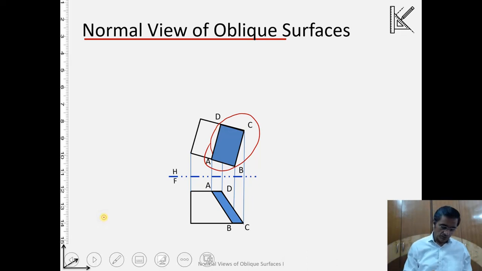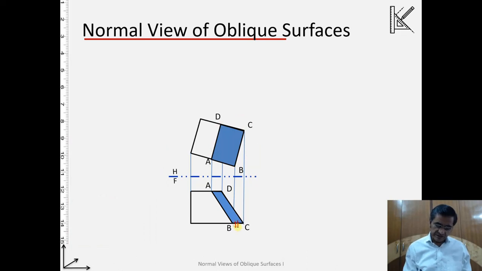Well, if we observe over here, you will find that BC is parallel to the horizontal plane. Similarly, AD is also parallel to the horizontal plane. That means BC as well as AD will be known to us as the true length projections.